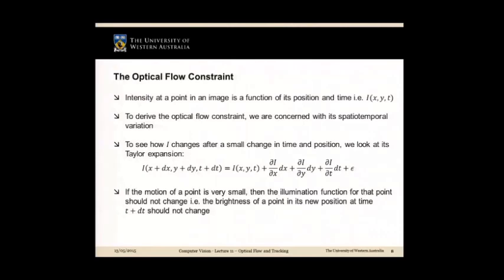Of course we look at the first order derivatives in this particular case, and all the E terms are the higher order stuff, which we are ignoring for this computation. If the motion of a point is very small, then the illumination function for that point should not change. That is, the brightness of a point in its new position at time t plus dt should not change.